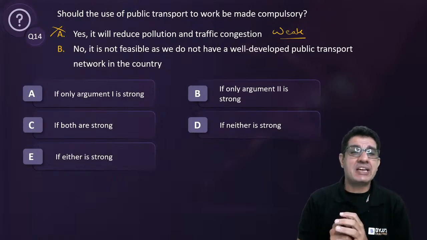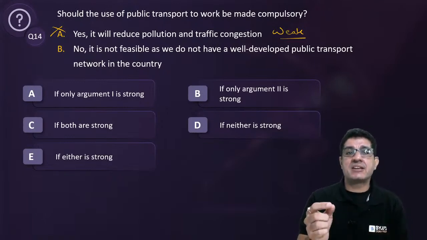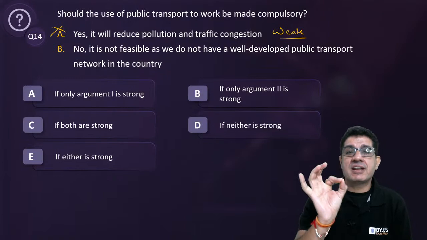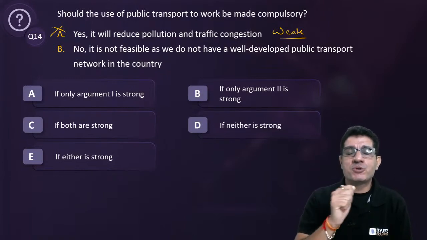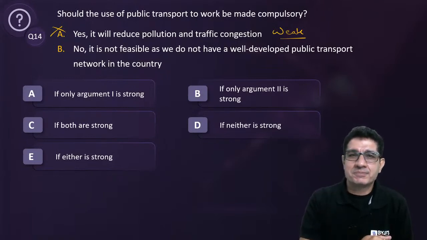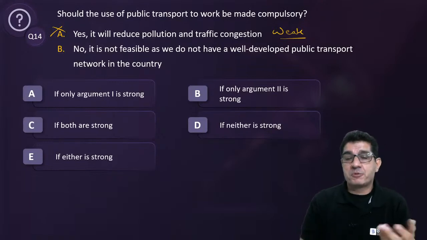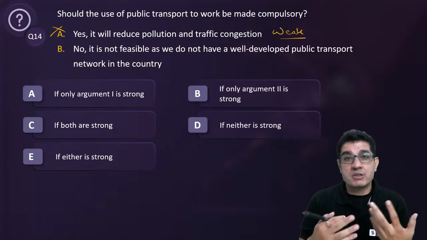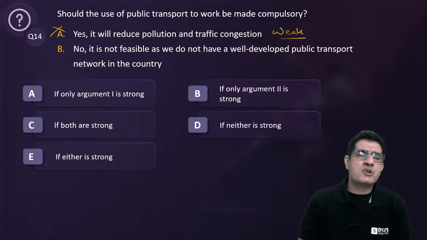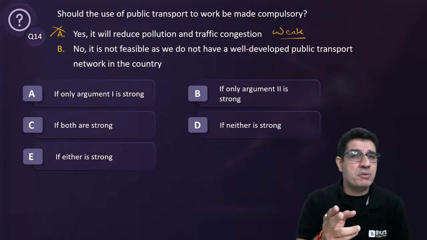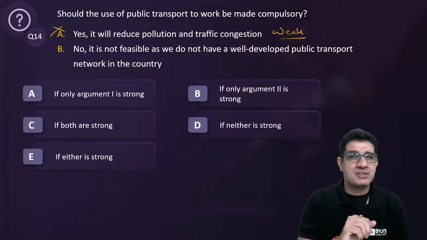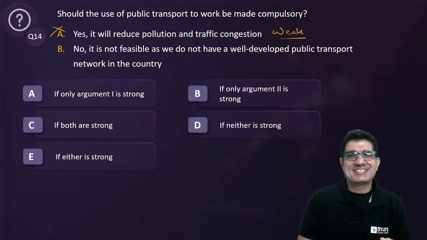In argument A, the assumption is that private transport is causing pollution and traffic congestion. A lot of people have switched over to, at least in the metros where the pollution is really an issue, there are quite a few people who are now moving over to, remember all those e-scooters and other e-cars, right?